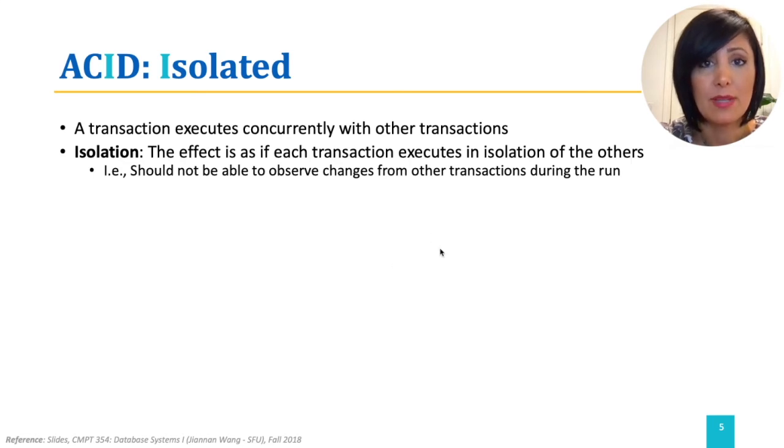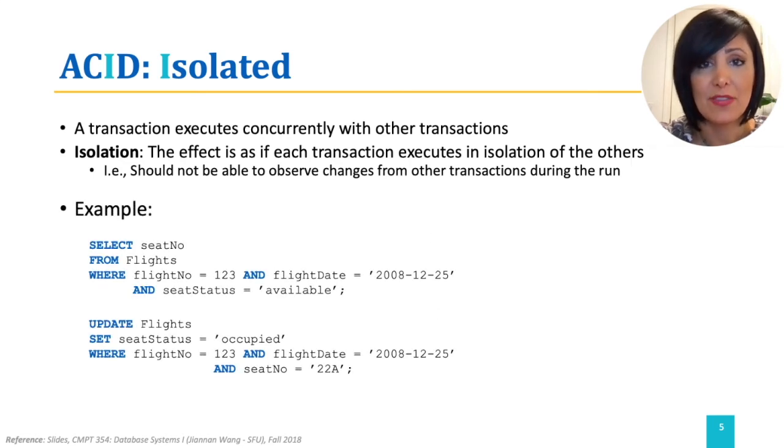For example, say we have flight reservation service, which is maintained by a flights database. What happens if two transactions reserve the same seat at the same time? What happens if more than one person has the same request at the same time?